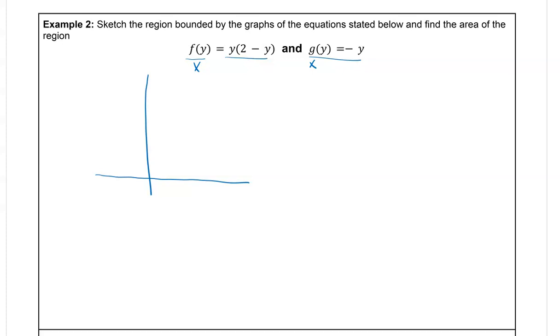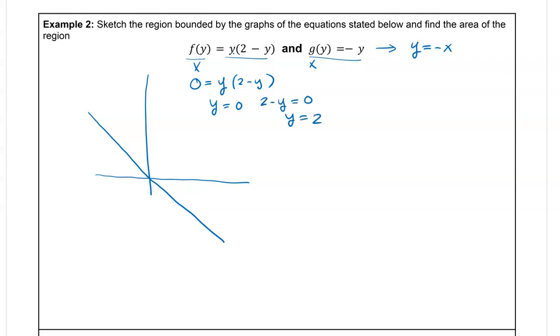So here I have x equals negative y, which really, that one is not that hard to switch over. I can think of that as y equals negative x. So it's basically a linear function that just goes through the origin and has a slope of -1. This one, I would probably leave it factored. I would set x equal to 0 and then solve for y. And so these would be like the two y-intercepts of this graph.